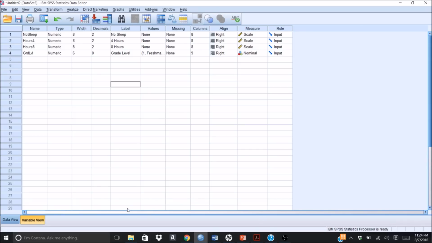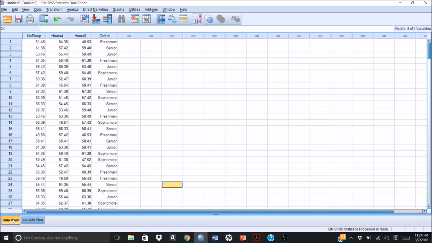Let's first off look at our data. I can see these are the points for people that had no sleep, people that had 4 hours of sleep, and people that had 8 hours of sleep. I can see here that the first person was a freshman, and that they did it with no sleep, with 4 hours sleep, and with 8 hours sleep.